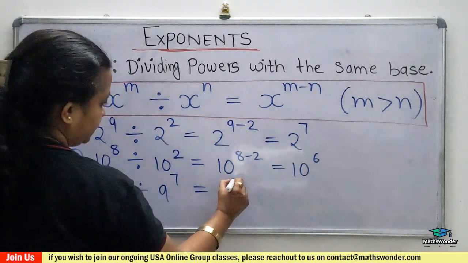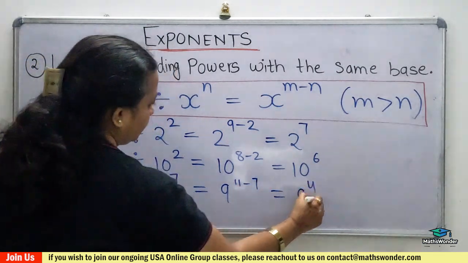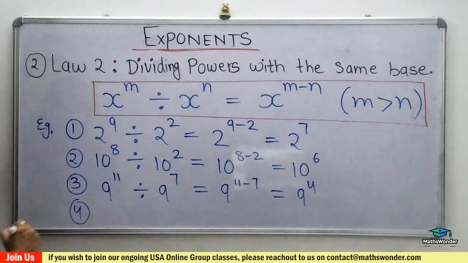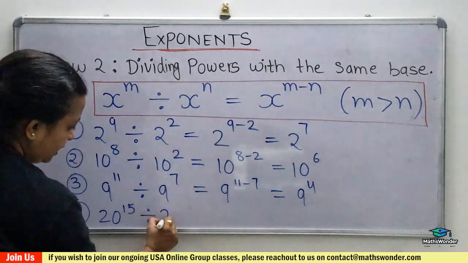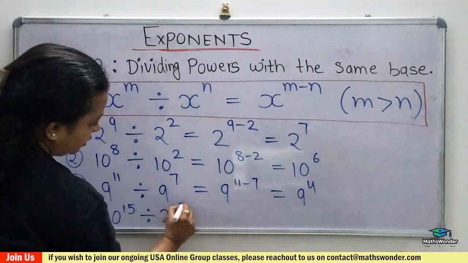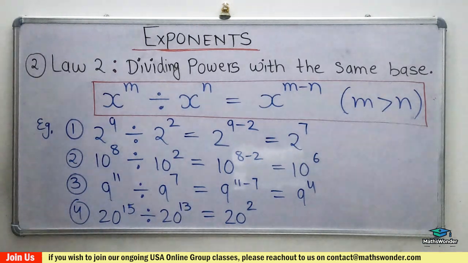So again we can see 9 raised to the power 4. I'll give you one more example: 20 raised to the power 15 divided by 20 raised to the power 30. So it's 20 raised to the power 2. Okay? Understood now law number 2?